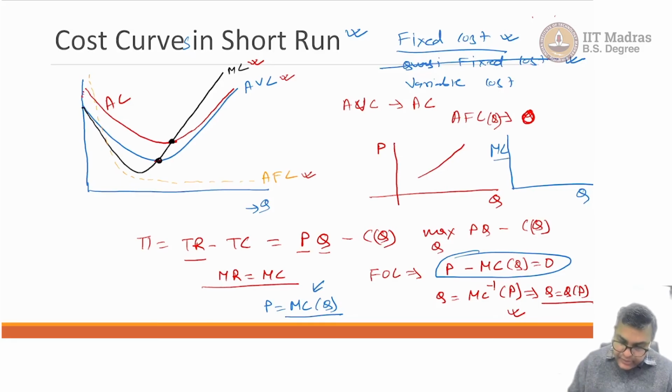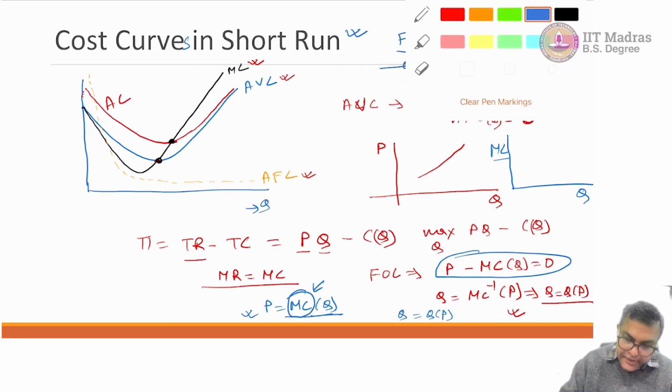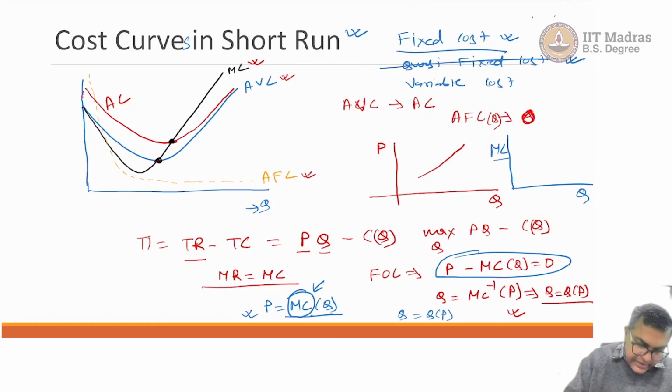When it comes to the supply function, rather than drawing Q as a function of P, we are drawing P as a function of Q, and that function is coming from marginal cost, and that we have already obtained. Where is that? In black color. This is the MC curve, so I can draw it like this.